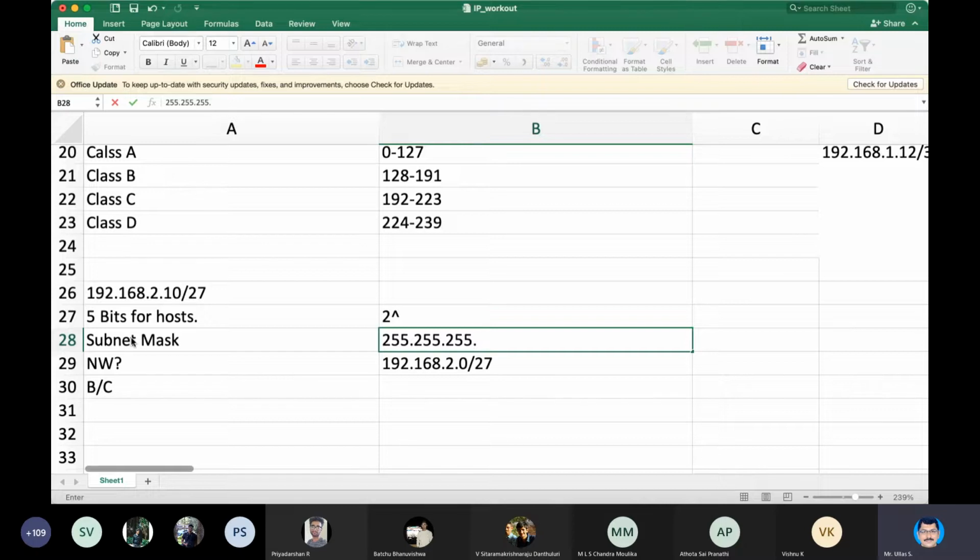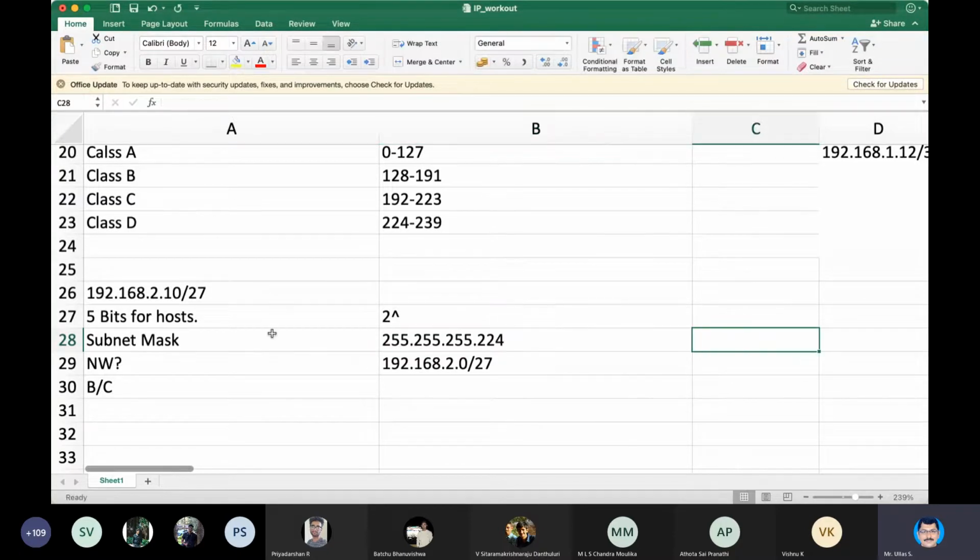3 bits should be 1, right? When I say 3 bits, 1 bit is 128, 2 bits is 192, 3 bits is 224. So the subnet mask is 224. Now the network address: I have to perform an AND operation.